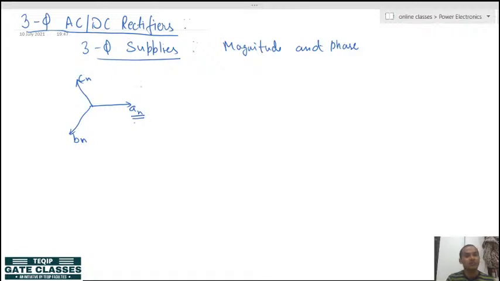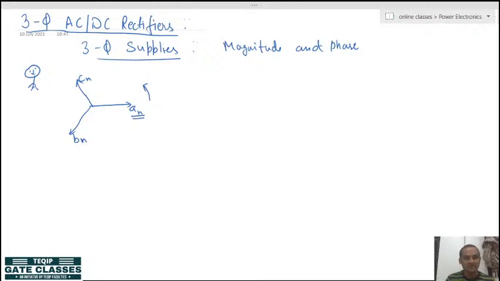Another important thing is that you must determine the phase sequence. To determine the phase sequence, you stand anywhere arbitrarily and just see in anti-clockwise fashion which phasor is coming first, which is preceding, and which is following.